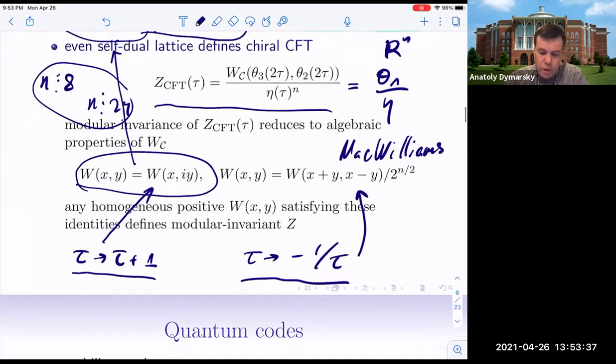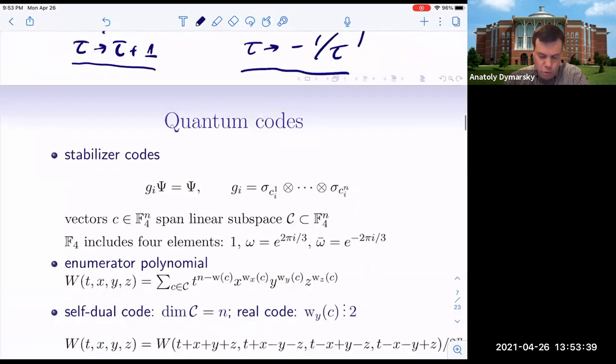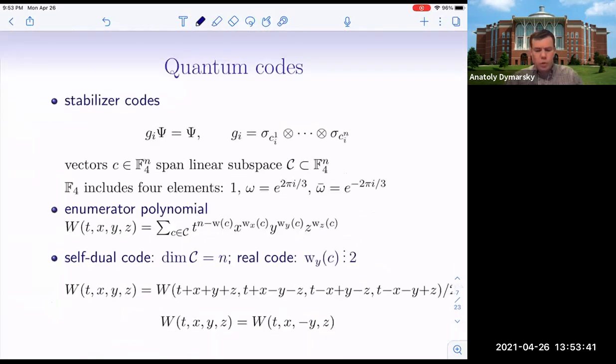Okay, so the new part is about quantum codes. I want to be very quick. I will be discussing a special kind of codes, which are called stabilizer codes. Consider n qubits. The code is a linear subspace in the Hilbert space of your physical system.